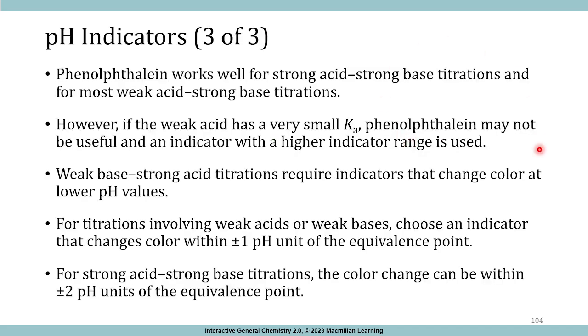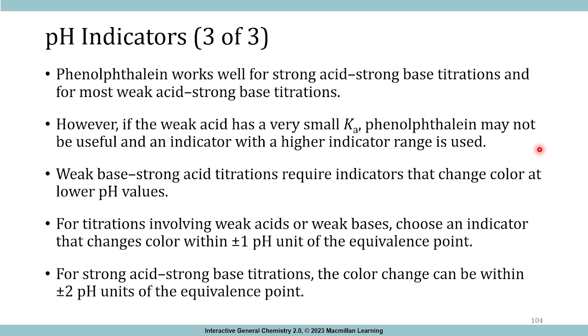So phenolphthalein actually works quite well for strong acid-base titrations. For most weak acid and strong base titrations, it also works quite well, because that has an endpoint around pH 8.4 typically. However, if the weak acid has a very small Ka, the phenolphthalein may not be useful because the equivalence point could be after pH 8.2, 8.4.